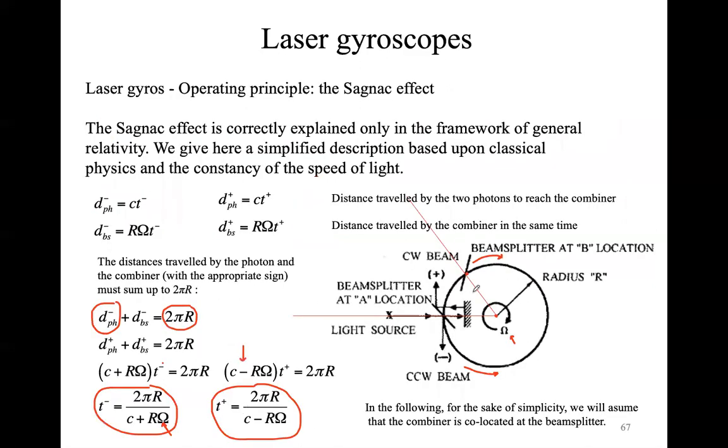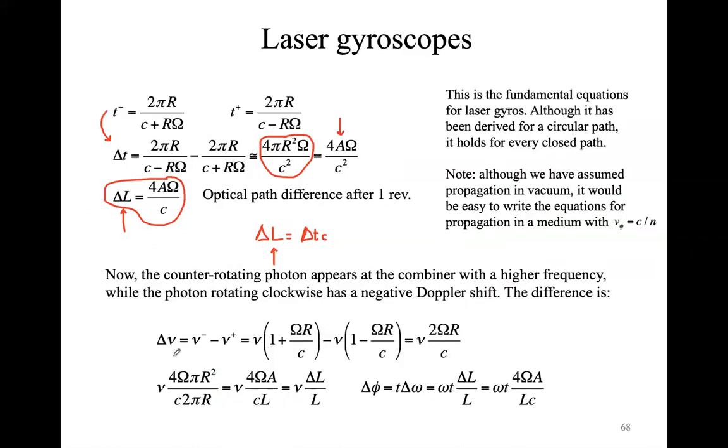So what we are going to do indeed is to measure delta nu. But to do that, we need to first measure the optical path difference. The optical path difference is, as I said yesterday, given by the delta T that we have just measured times the speed of light. So if we use the expression of T minus and T plus, so this is T plus minus T minus.